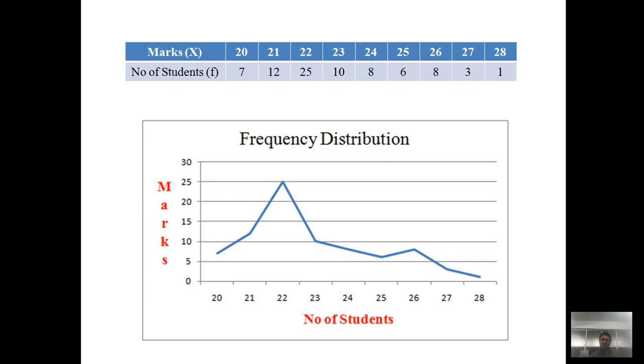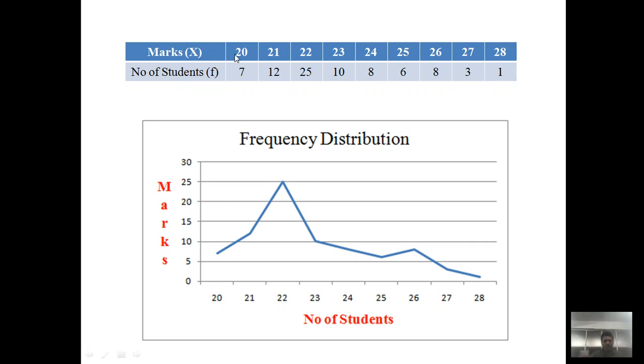Now remember, this slide is not a part of the syllabus, but I have included it just for better understanding of the topic. This table represents the marks and the frequency of the students. Here we obtain the frequency distribution graph with the help of software.